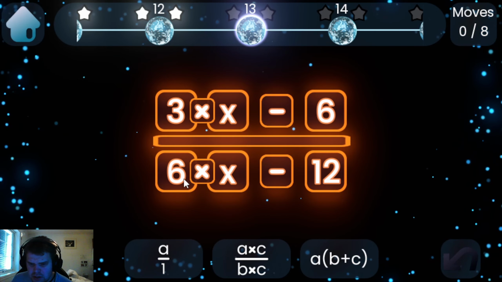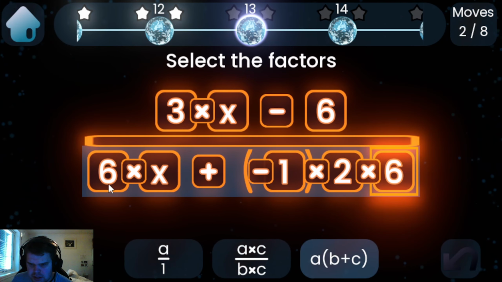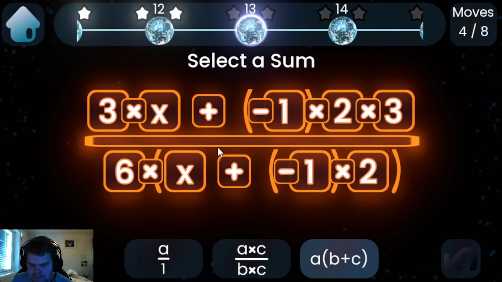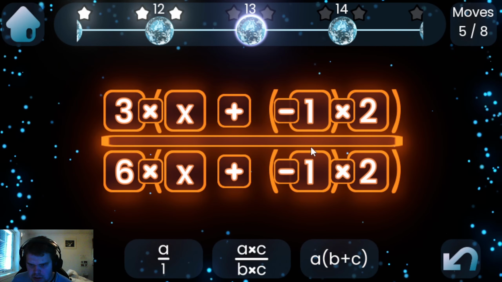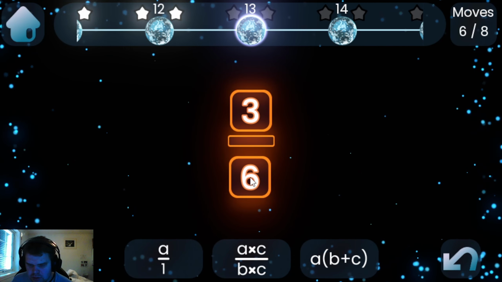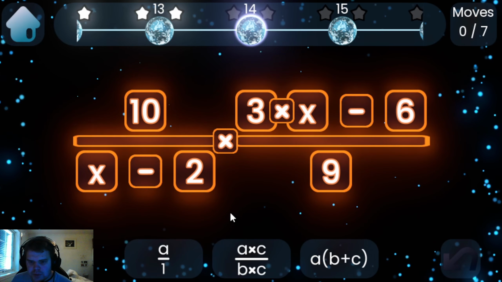So 3 can go out of here, and a 6 can get out of here, and then I think what we are left with, let's get the 6 out first here. I'm pretty sure, let's get the 3 out of here. This looks messy, but they are the same, so I think we can just do that. Oh, I guess we should have gotten the 3 out, but whatever. All right, cool.